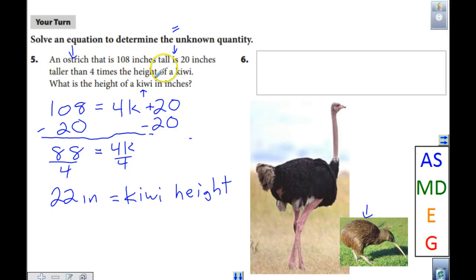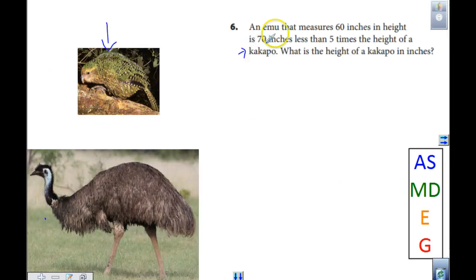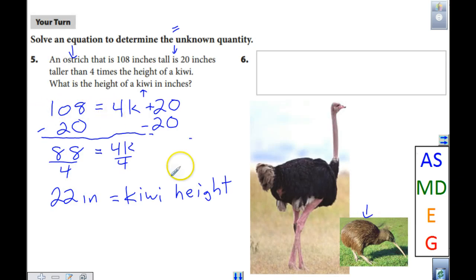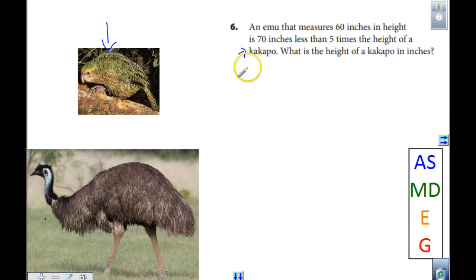So it says an ostrich is 108 inches tall. This one says emu is 60 inches tall. Okay, so before we did 108 equals, so here we must do 60 equals. Alright, and then it says is, right? 70 inches less than 5 times the height.